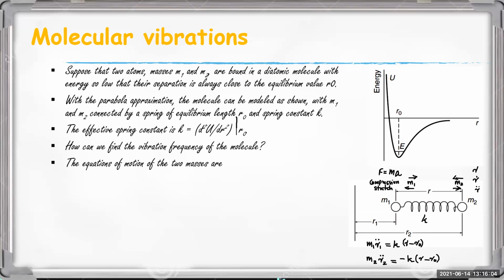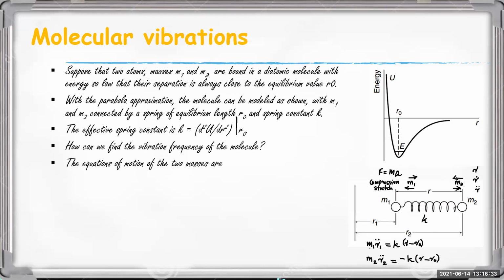So m2 r2 double dot is equal to minus k into r minus r0. But m1 is opposite to this, in the negative direction, so it must be the negative of that one.